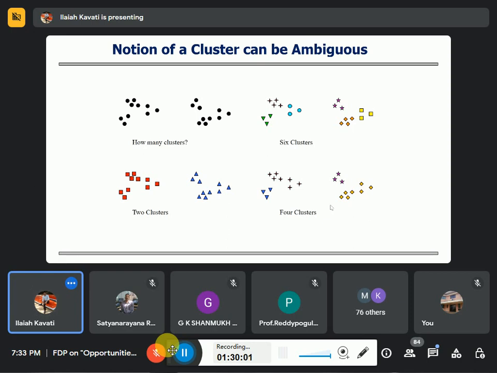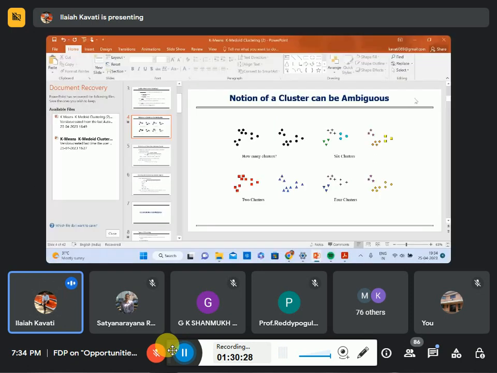Suppose humans: generally, if we divide into 2 clusters, men and women, and suppose there is a third gender, how will you classify it? It should be in either male or female, but that is wrong, right? So choosing K equal to 2 does not work with humans in that case. That's why some dynamic clustering algorithms are also there. You can explore them as per your requirement.